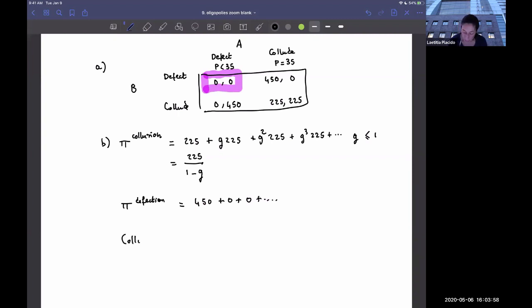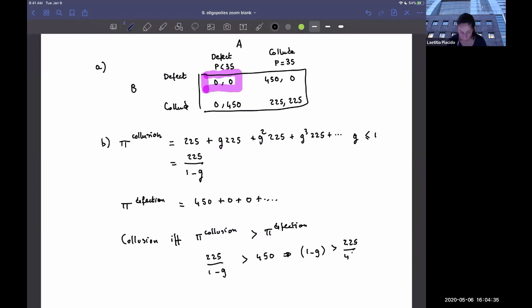Well, we will observe collusion if and only if the profit from collusion is higher than the profit from defecting. And now I just need to solve an inequality. So I'm going to replace the profit from collusion by 225 over 1 minus G. This must be higher than 450. So that's 1 minus G higher than 225 over 450.